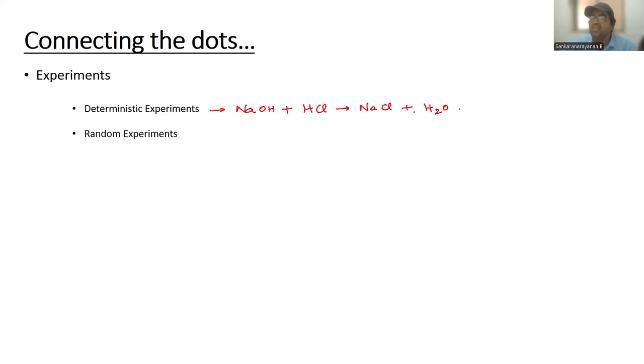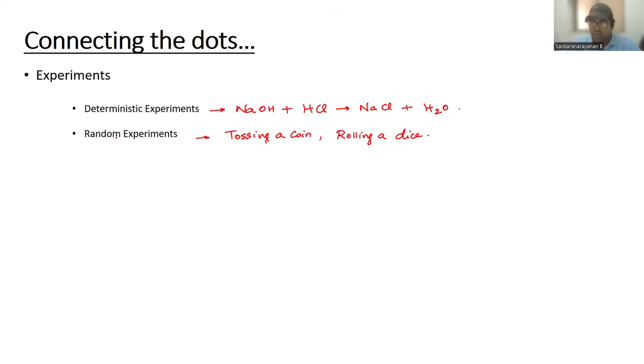With certainty, you know what is going to be the outcome. Whereas a random experiment is something like tossing a coin, assuming that it's an unbiased coin, or rolling a dice, etc. These types of experiments, I call them random experiments.